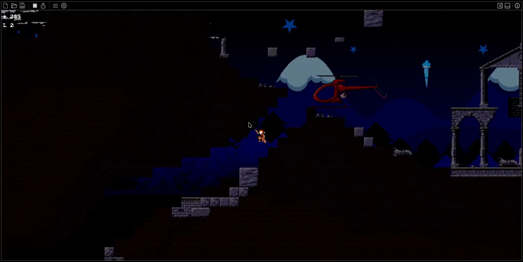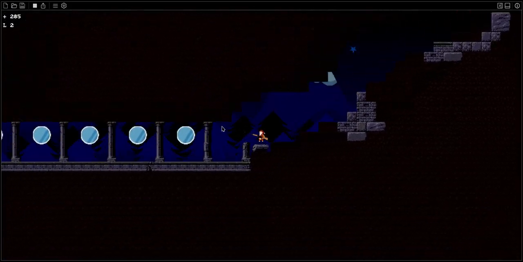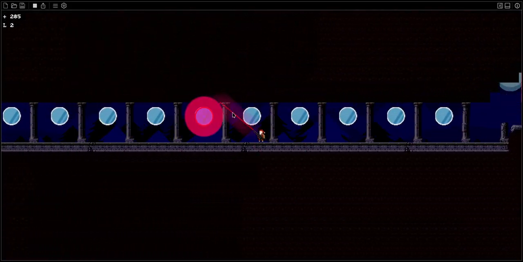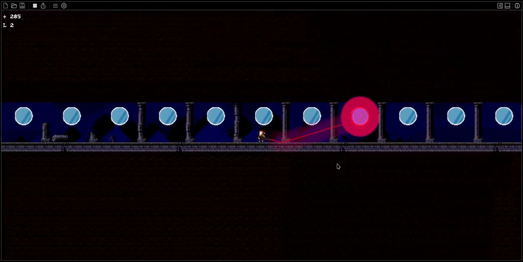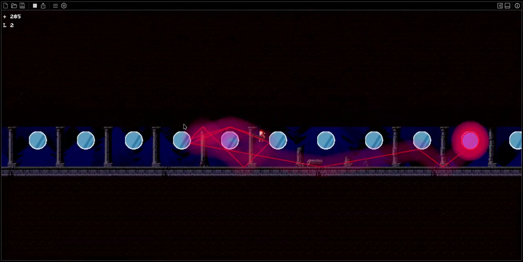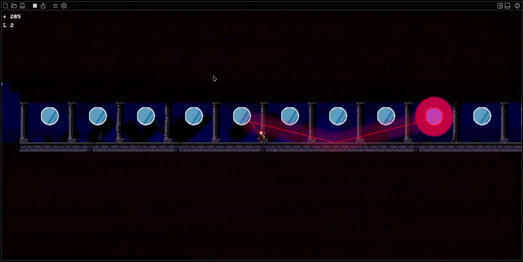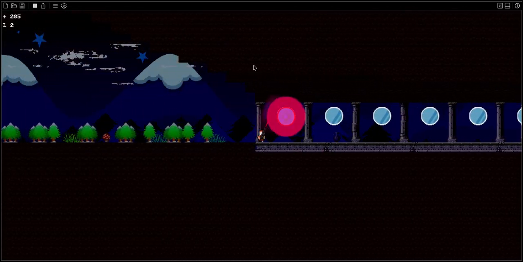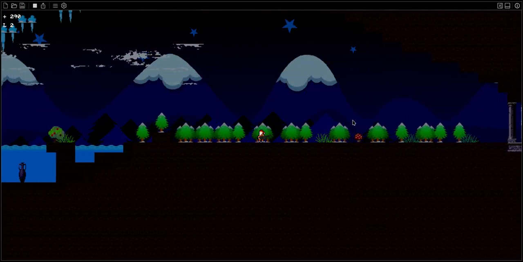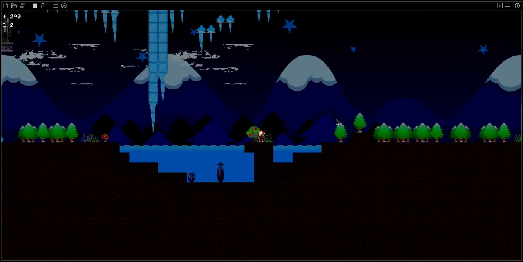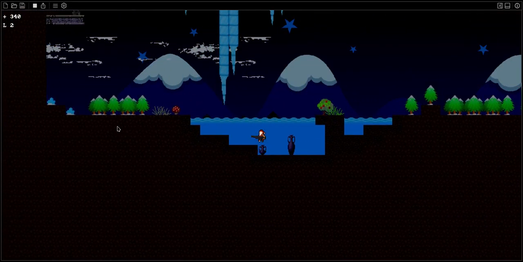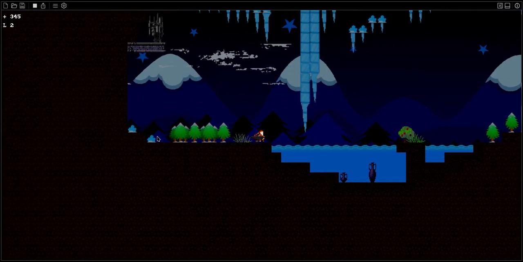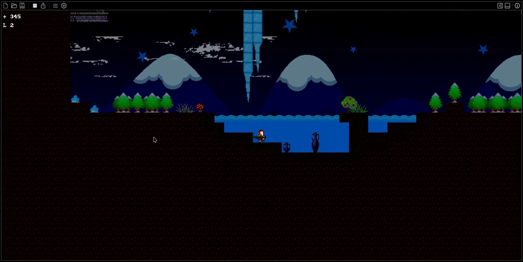Here's another cave that's only accessible. And this is a fun little house of mirrors, which doesn't really do anything because I thought about doing more intricate laser mazes for this game, but I thought that it wouldn't really catch on. So I try to keep it as simple as possible.